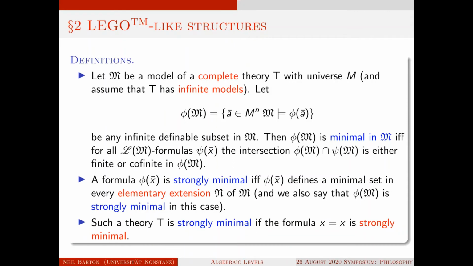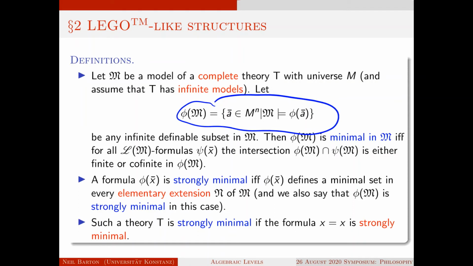Okay, now for the second component. So let's take a model of some complete theory T with universe M and assume that T has infinite models. And then we look at the tuples in M that satisfy some particular formula phi, right? That's this definition here.